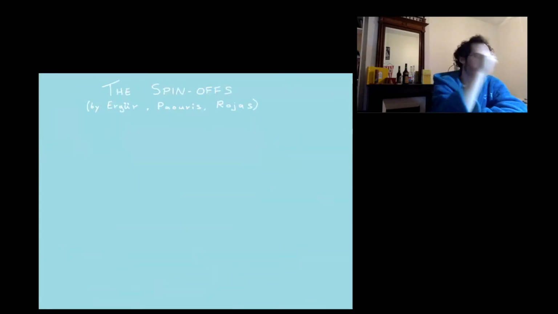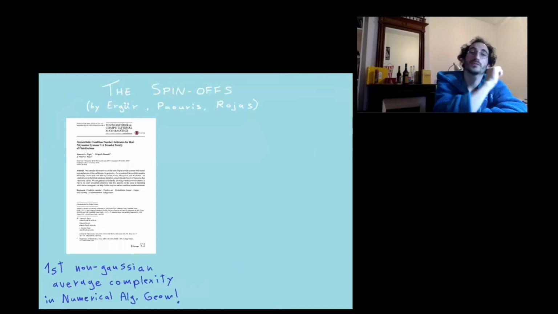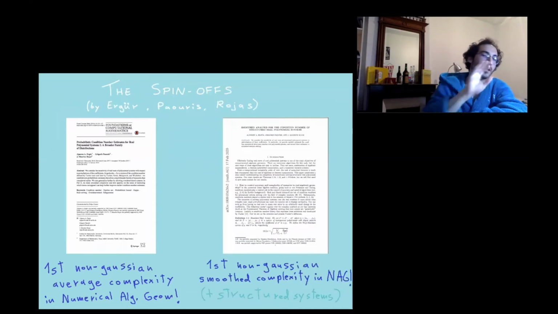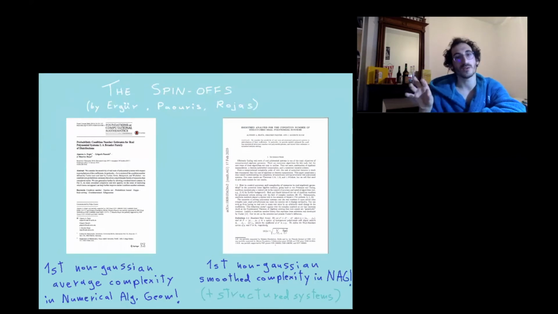Following the original trilogy, we have a couple of spin-offs by Ergür, Paouris and Rojas. In the first one, they gave the first non-Gaussian average complexity analysis in numerical algebraic geometry. And in the second one, they gave the first non-Gaussian smoothed analysis in numerical algebraic geometry.